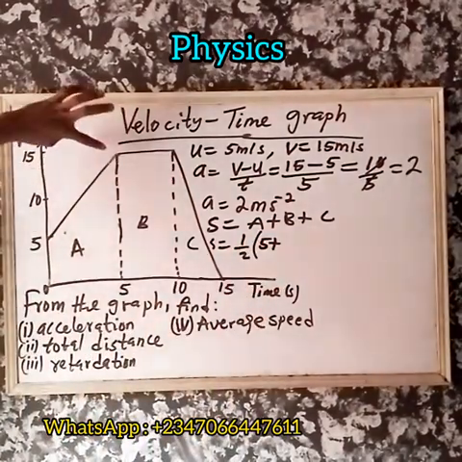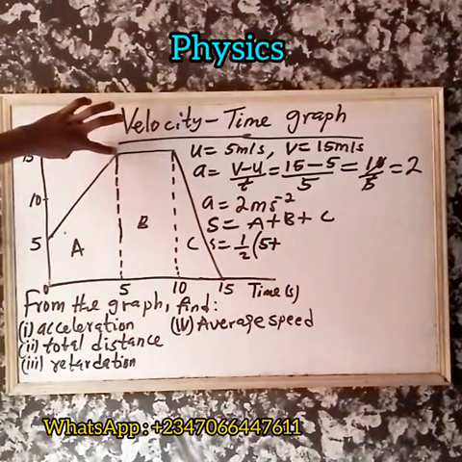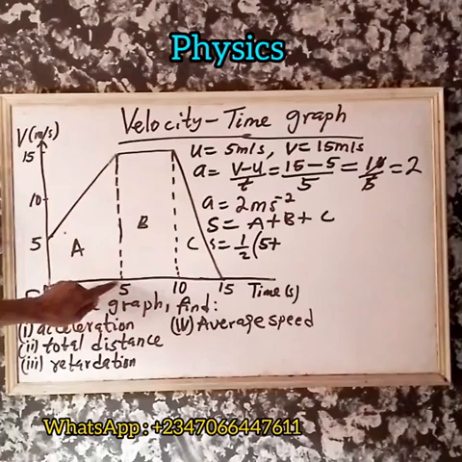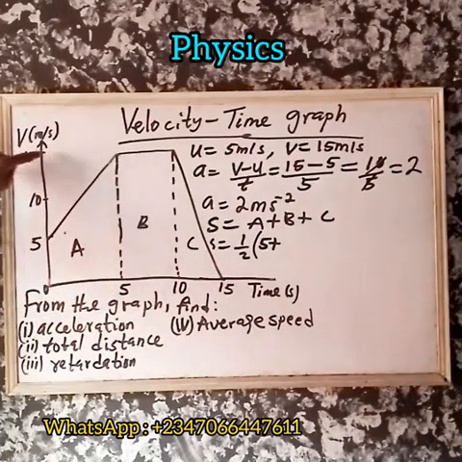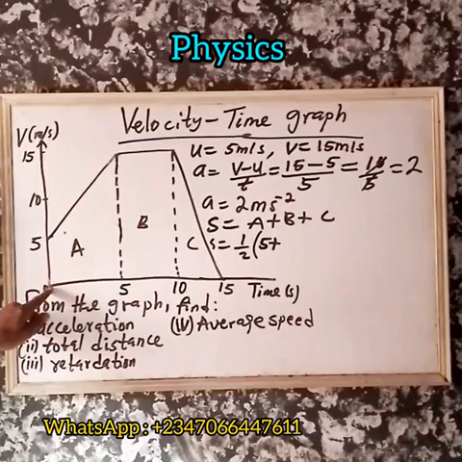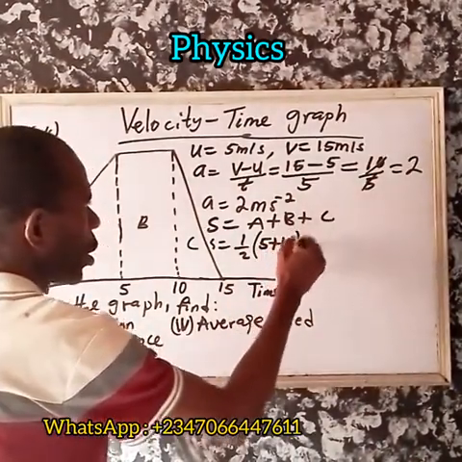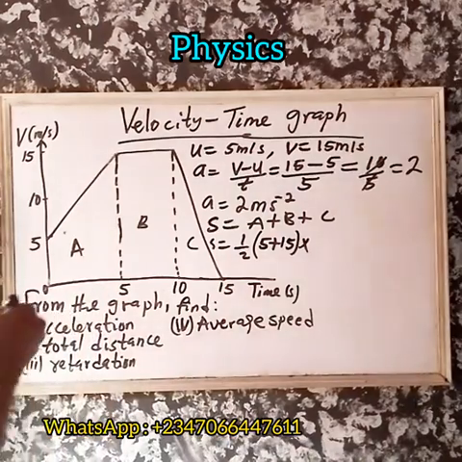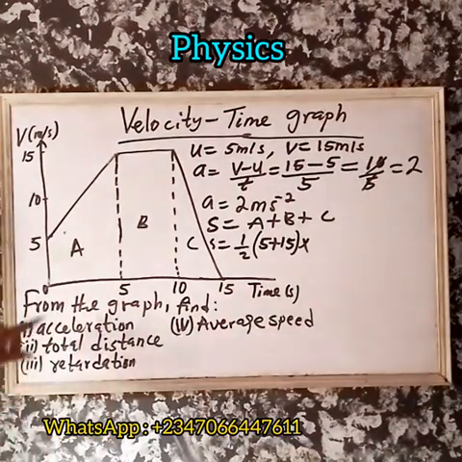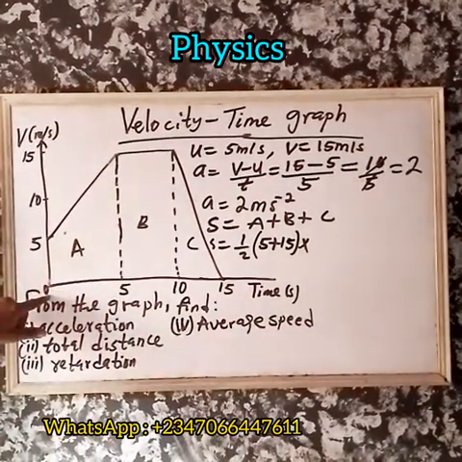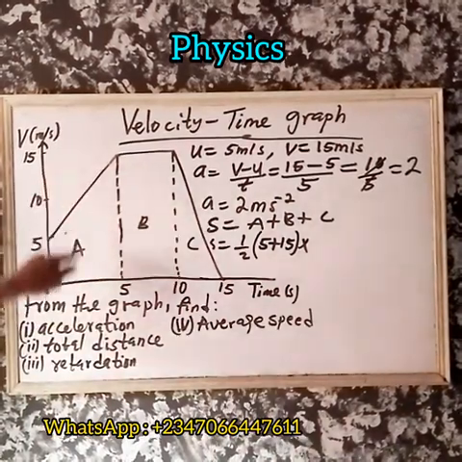Trace it from here down to this axis. That is 15, because it starts from here. This is 0, this is 5, then that is 15. So half of 5 plus 15, then times the height. Look at the height from 0 to this 5. That is the height of the trapezium.